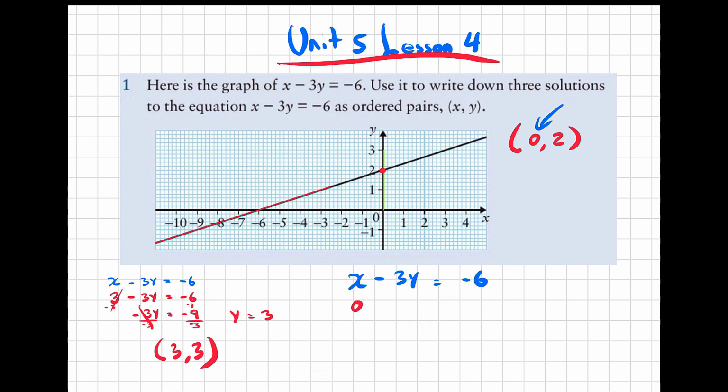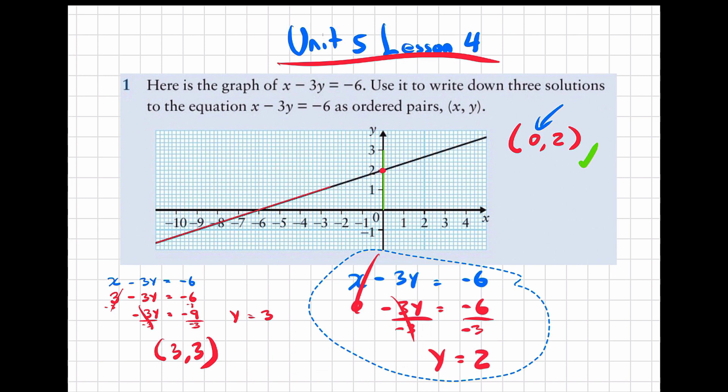So basically what we're doing is eliminating that. And all we have is negative 3y equals negative 6. So I'm going to divide both sides by negative 3. Cancels right here, and I get y equals negative 6 divided by negative 3 is a positive 2. So I just confirmed that that is also a point.